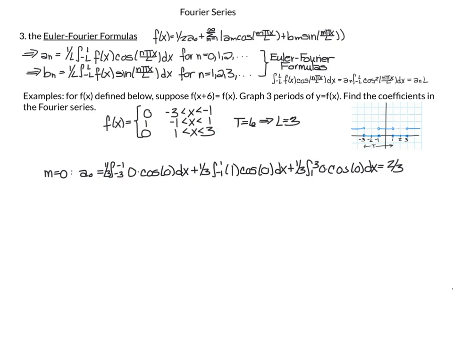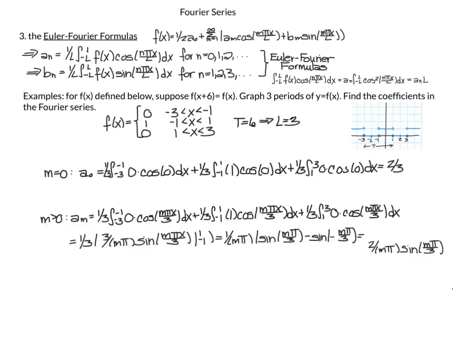Our next interval is from -1 to 1, and then we have f of x is equal to 1, and then cosine, and when we plug in our m equals 0, or in this case n equals 0, we get cosine of 0 is equal to 1, and our next interval is from 1 to 3, but we're integrating 0, so this goes away, and what we're left with is just integrating 1 from -1 to 1 multiplied by 1/3, so we get 2/3 for a naught.